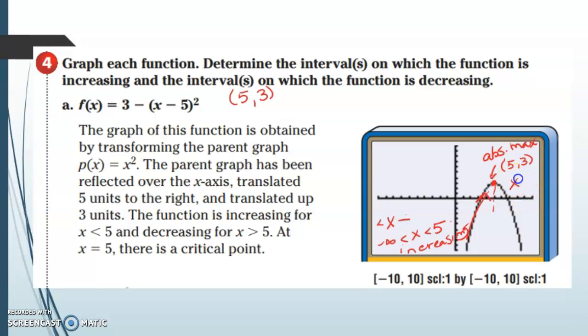When x is greater than 5, it is decreasing. So when x is less than 5, increasing. When x is greater than 5, decreasing. At 5, it's not doing anything. It's just the maximum.